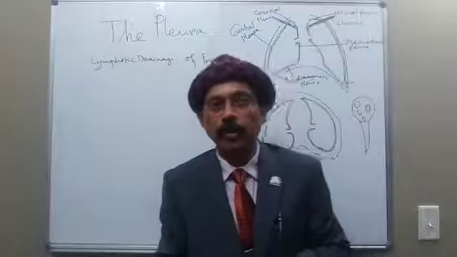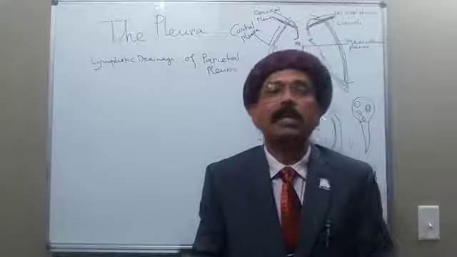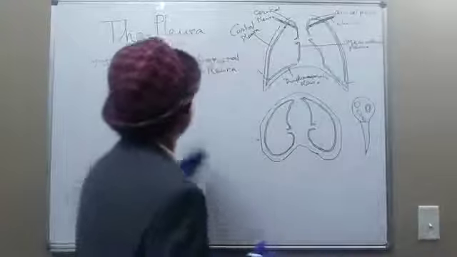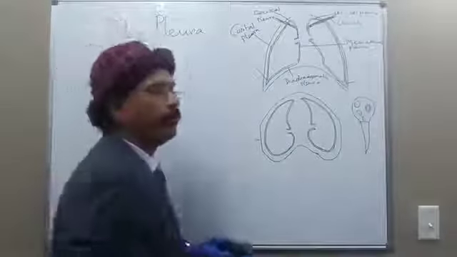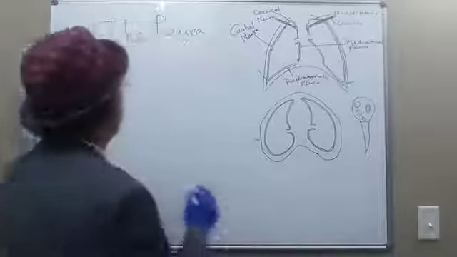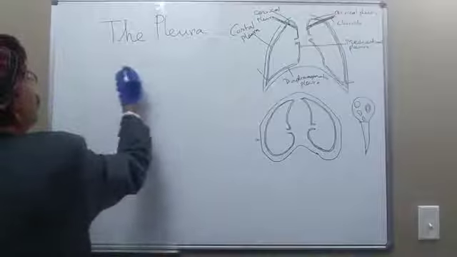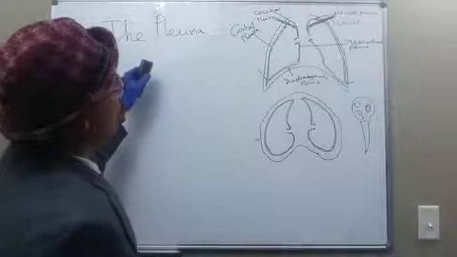So intercostal, posterior mediastinal, internal mammary, and diaphragmatic lymph node. Okay, we got the lymphatic drainage of the pleura. Now we have done the blood supply of the parietal pleura.